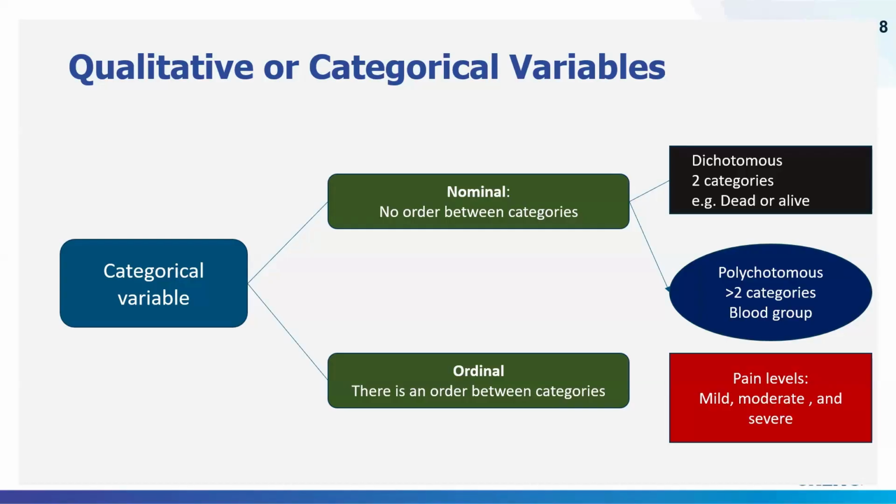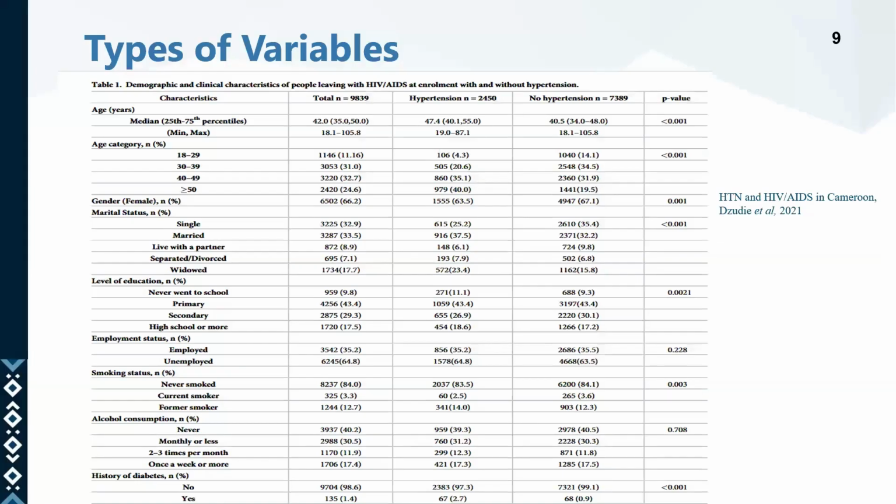So an example is looking at this paper published by Professor Zoji and collaborators in 2021, where they were looking at hypertension in HIV and AIDS patients in Cameroon. When we look at the first column here, we see how categorical variables are being represented. For example, the age group here has been categorized into group 1, group 2, group 3, and we can also see marital status here.